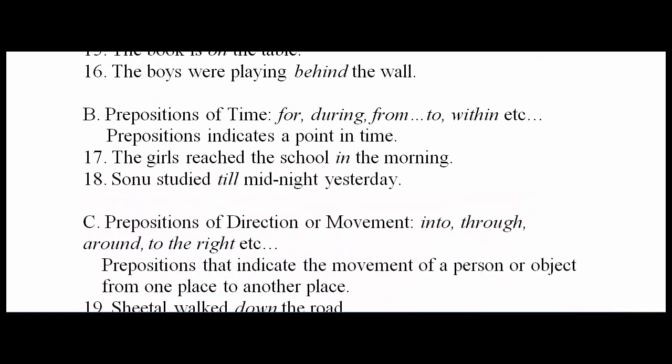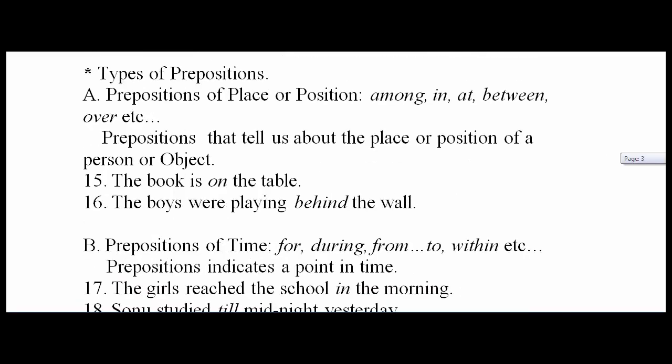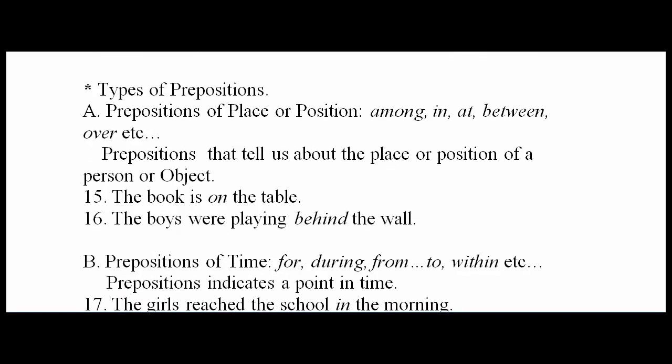Types of preposition. The second one, or B, the preposition of time. Prepositions like for, during, from to, within, etc. My dear students, an exhaustive list of the types of preposition is given in your textbook. You will have to refer to your textbook. Here I'm just mentioning a few so that you can learn.